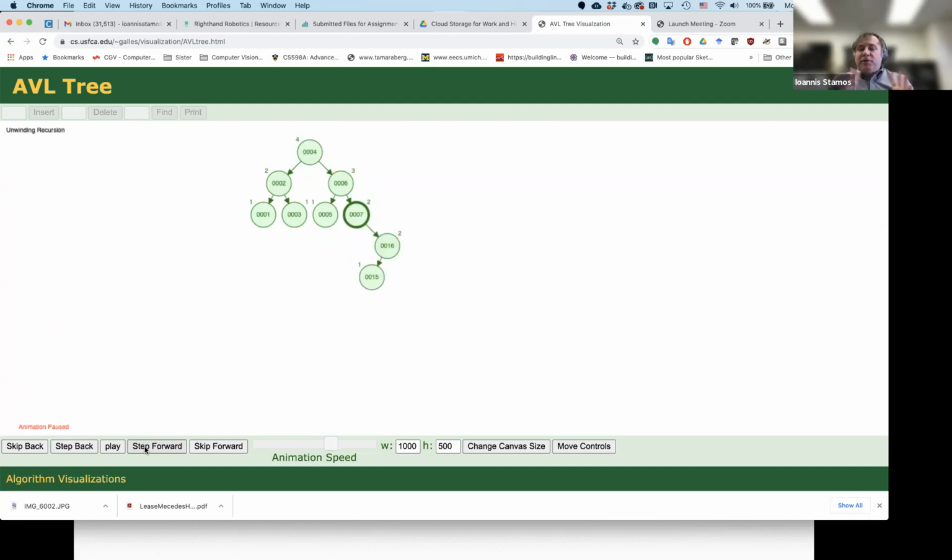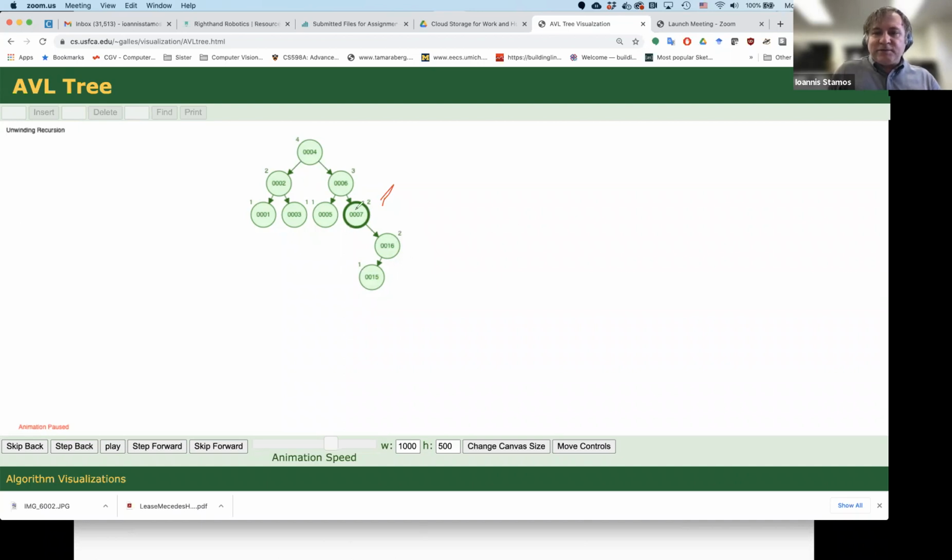Violation. Now, why is this a double rotation? Why are we going to do a double rotation here? Because we inserted 15 to the right, and 7 is our violation point. We inserted to the right of our violation point, but to the left of the right child. So it's a right-left case. That's a double rotation.